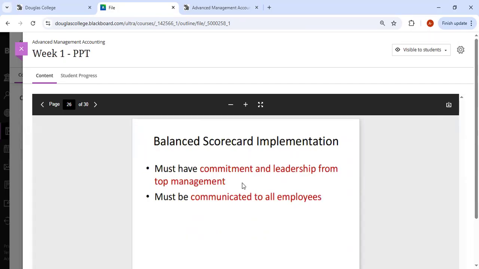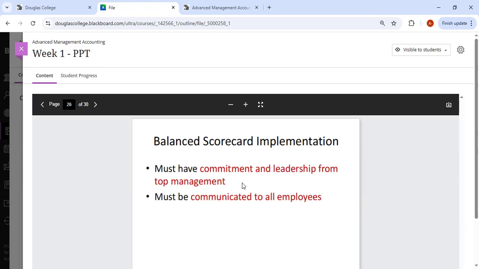How are we going to implement the balanced scorecard? Well, we have to have commitment and leadership from the top managers. You will actually want to improve yourself. If you don't want to improve yourself, you won't be able to implement the balanced scorecard.